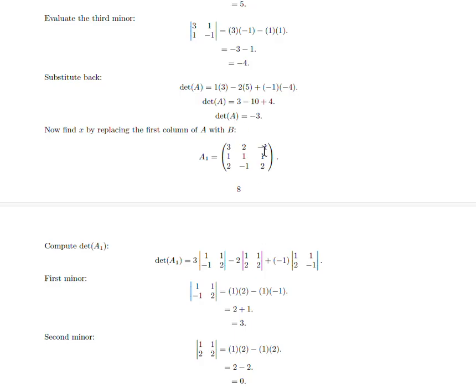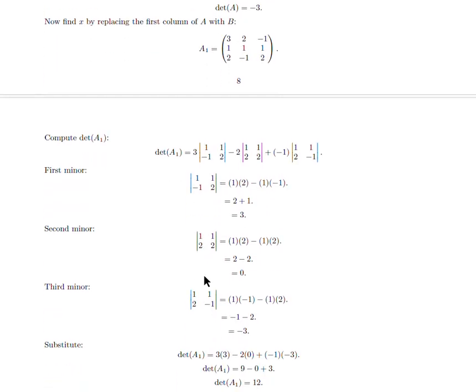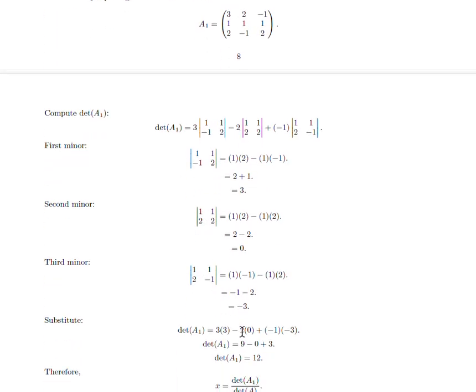Then plus minus 1 is on row 1 column 3. We delete row 1, delete column 3, we are left with 1 1 2 minus 1. We'll find those determinants of those 2 by 2, multiply by the respective entries, and we have the determinant of A1.